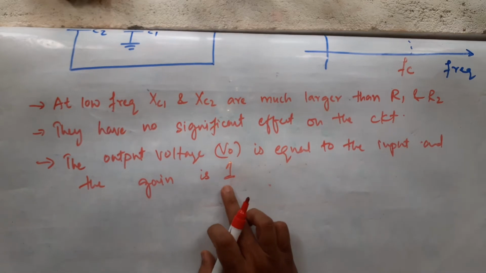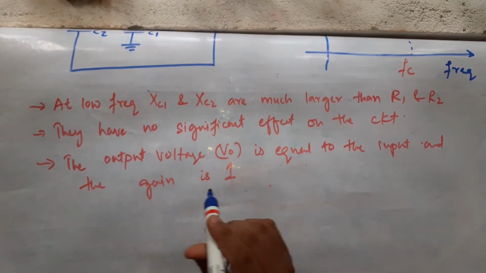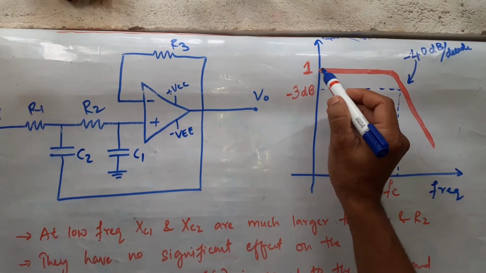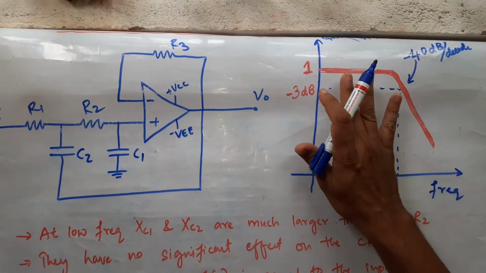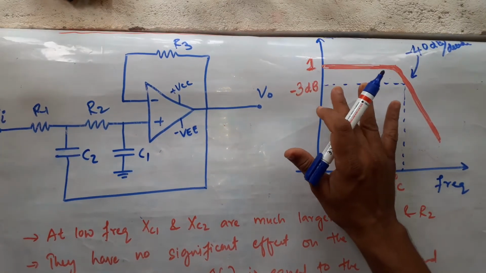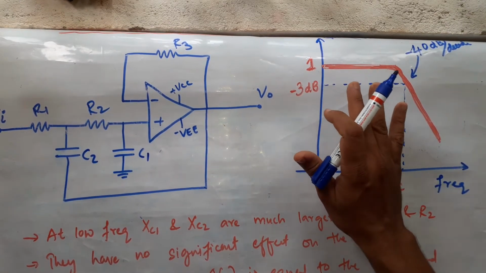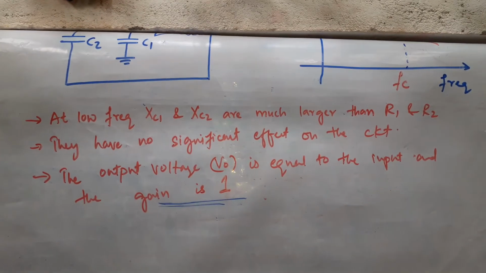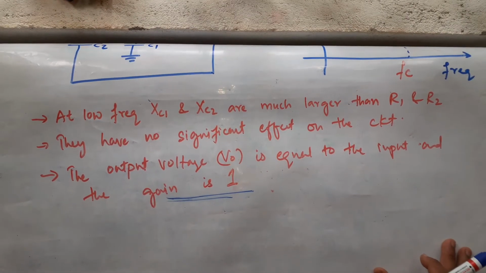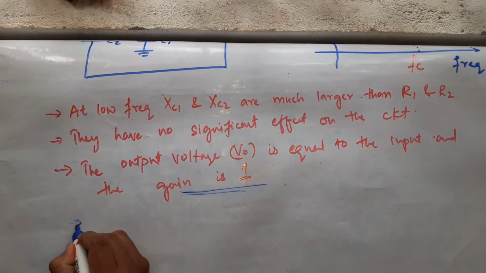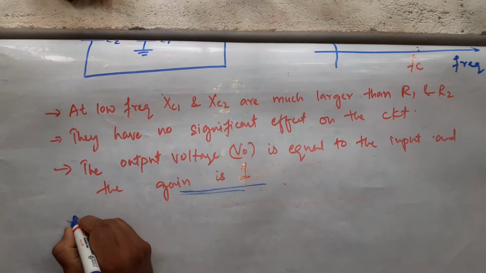And till your gain is 1, you are in this portion. So this portion of the signal will be allowed to pass. It will not be blocked by the filter. Understood? Now let us see what happens at higher frequency.